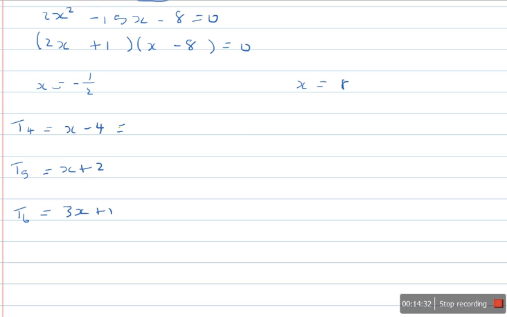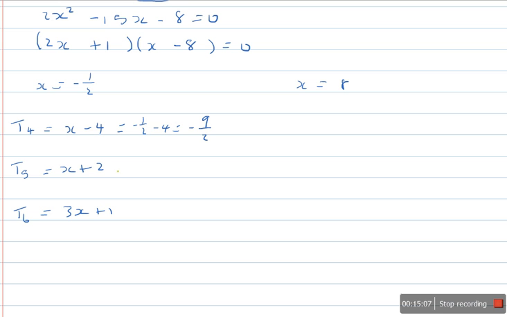So if we substitute these, putting in negative half, T4 is negative half minus 4, which is negative 9 over 2, because it's 4.5, negative 9/2, right?